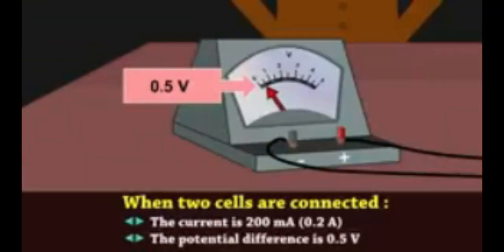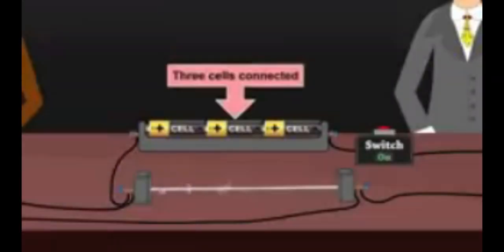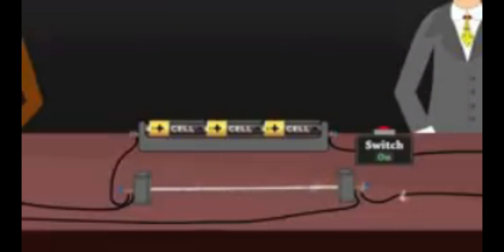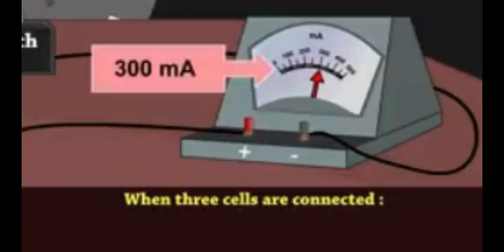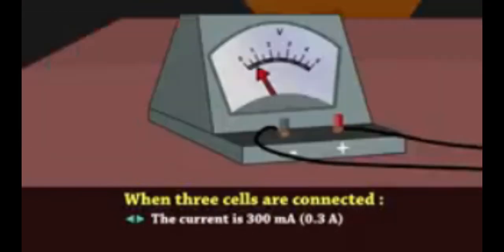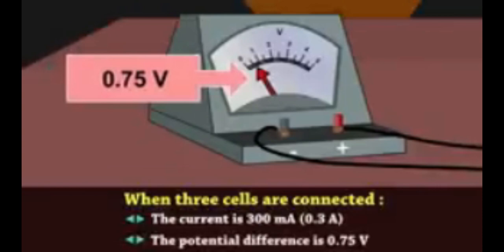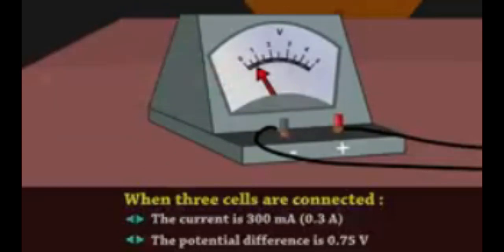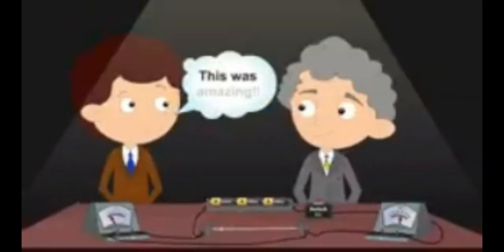Okay, so for the third case, when we connect three cells each of 1.5 volt in the circuit, the current begins to flow. What do we observe this time, right? The ammeter measures 300 microampere or 0.3 ampere of current, while the voltmeter measures a potential difference of 0.75 volt.